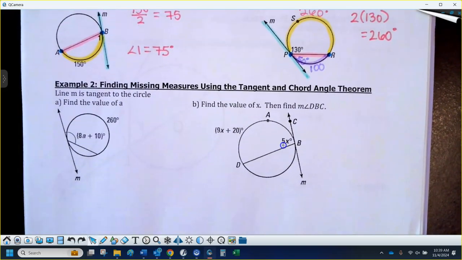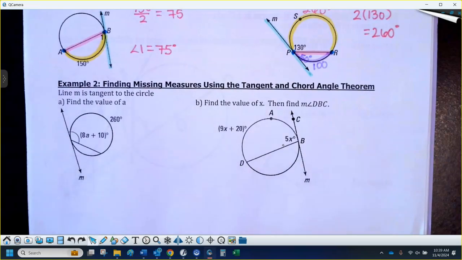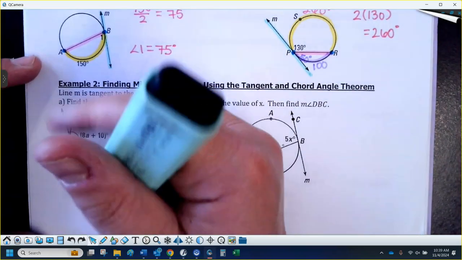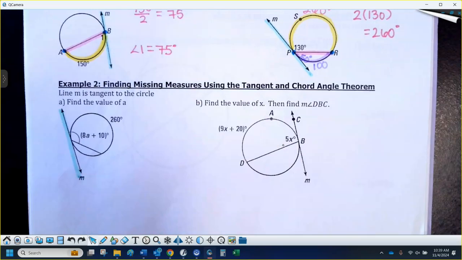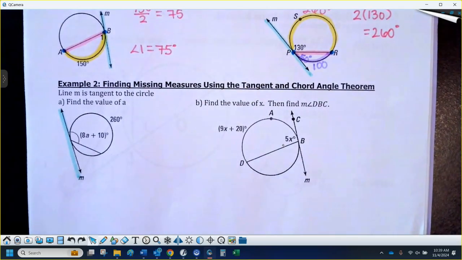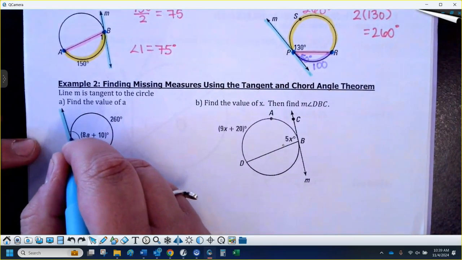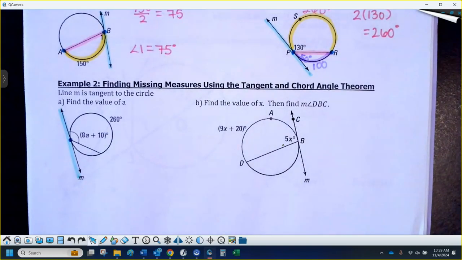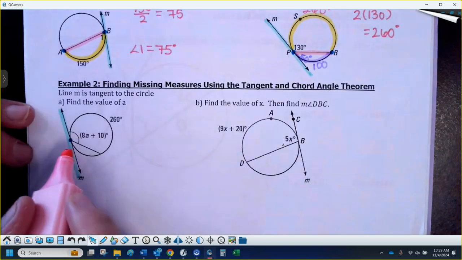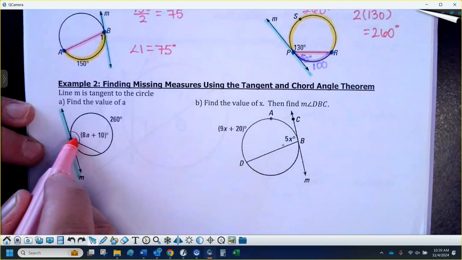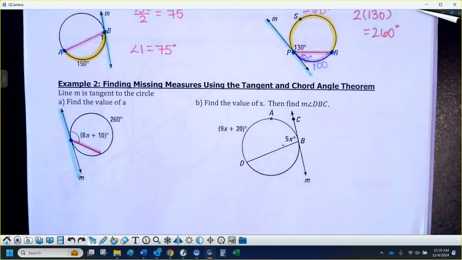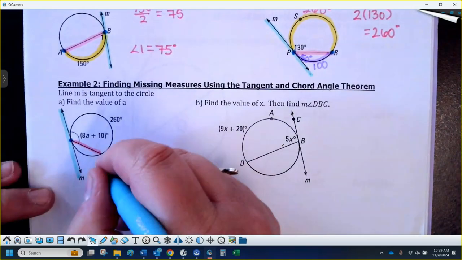Now, there's a couple ways to do these problems, but this one is a little bit trickier. Same kind of concept. Here is my lovely tangent line. They don't mark the point of tangency, but I'm just going to put a little dot in my picture there. There'd be the point of tangency. And that angle is being formed with this chord. That's just the line segment that's going through the circle. The endpoints of that are on the circle.